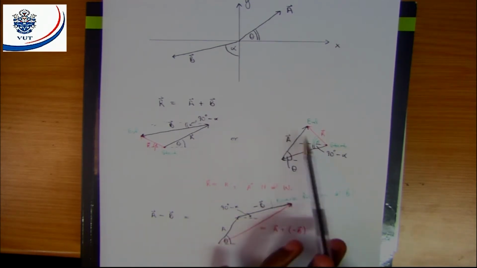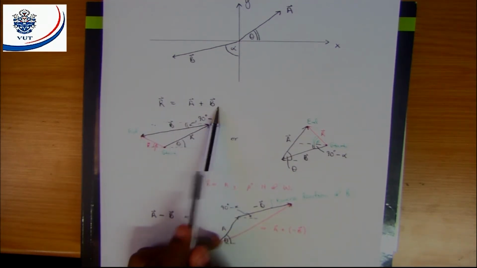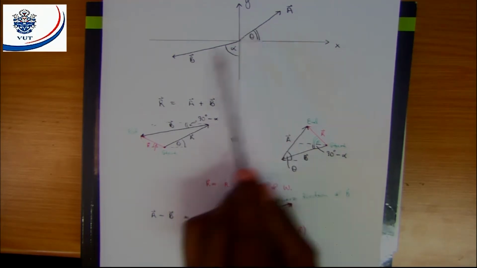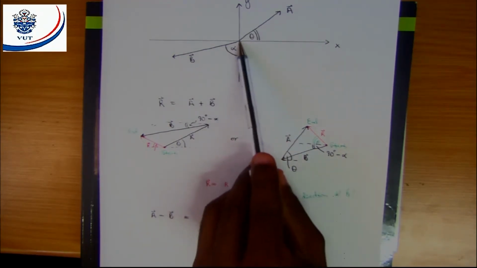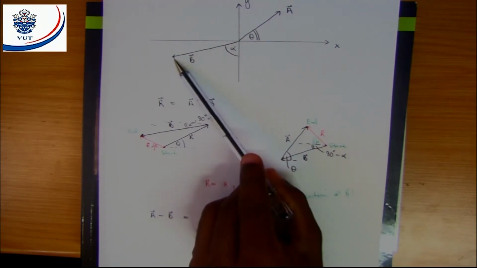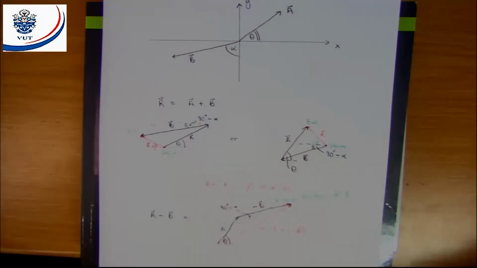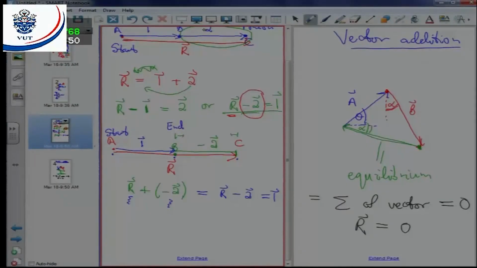Now if we're interested in, instead of A plus B, what is A minus B, remember that I have to draw B, but instead of having B pointed that way, I reverse the direction of B. So B is now pointed that way. Let me show you what I mean.